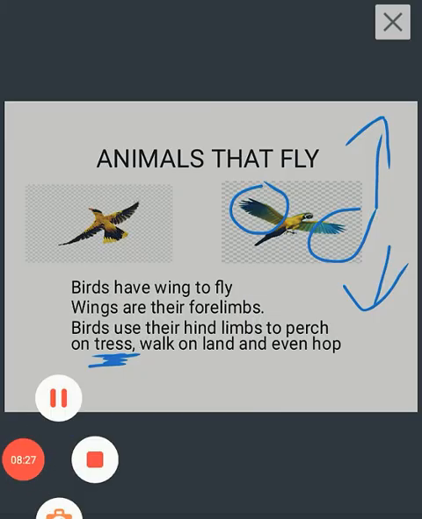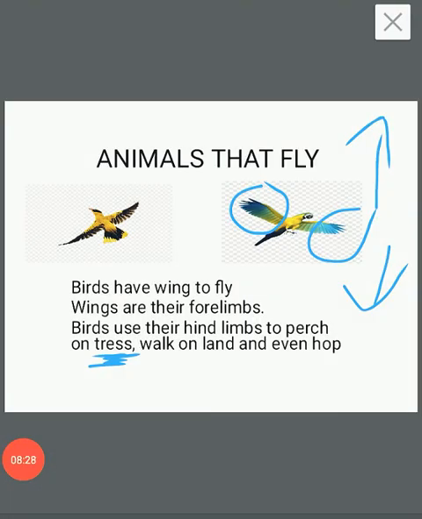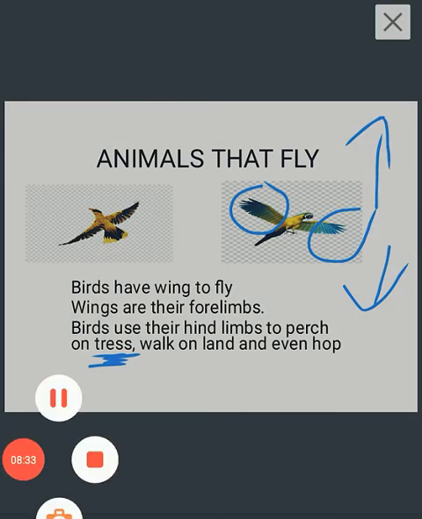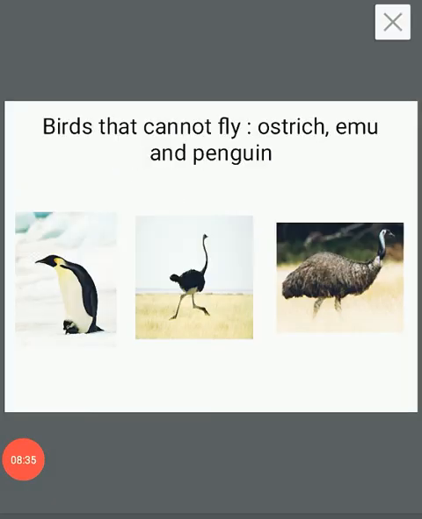Fine. Now apart from this, we also have some birds which cannot fly, and they are the ostrich, emu as well as the penguin. All these three birds cannot fly because of their heavy bodies and poorly developed wings.